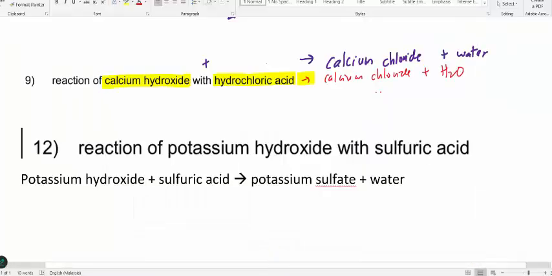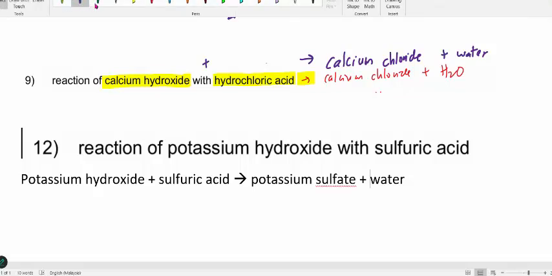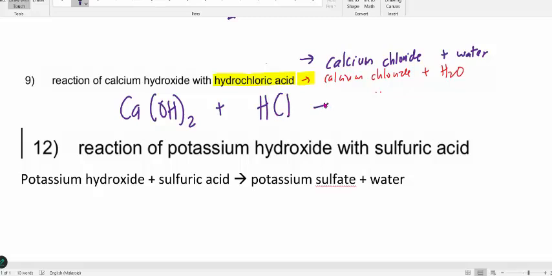Ian, I discuss first, okay? Okay, calcium hydroxide, hydrochloric acid, calcium chloride, because Ca is 2 plus, Cl 1 negative, and water.